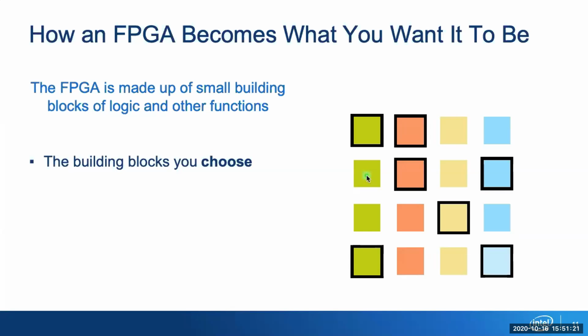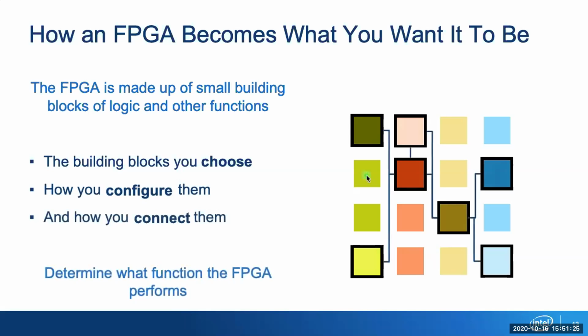How you configure these building blocks and how you connect them determine what function the FPGA performs. This is usually not explicitly chosen, not even when using a hardware description language. You only describe how the circuit should behave or how it is composed of smaller parts, and the synthesis tool is responsible for generating it for you.